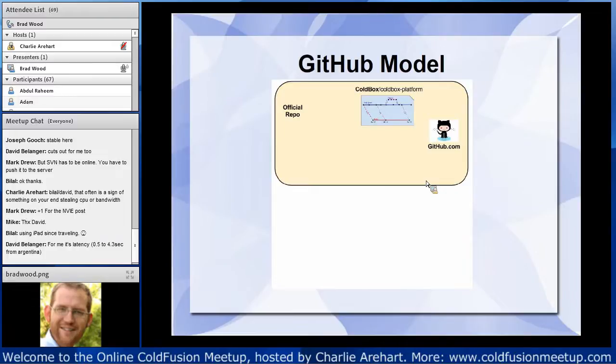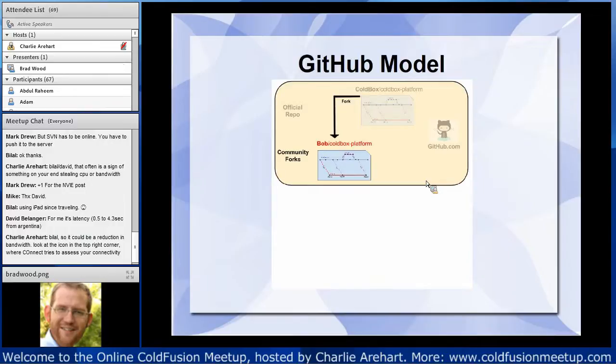Okay, so that entire little blue diagram we looked at earlier is right here now inside of the GitHub website. Our big tan rounded corner rectangle is the GitHub website, right? And here we have the official ColdBox repository. All those commits, all those branches, all those tags are contained right there in that little blue diagram.